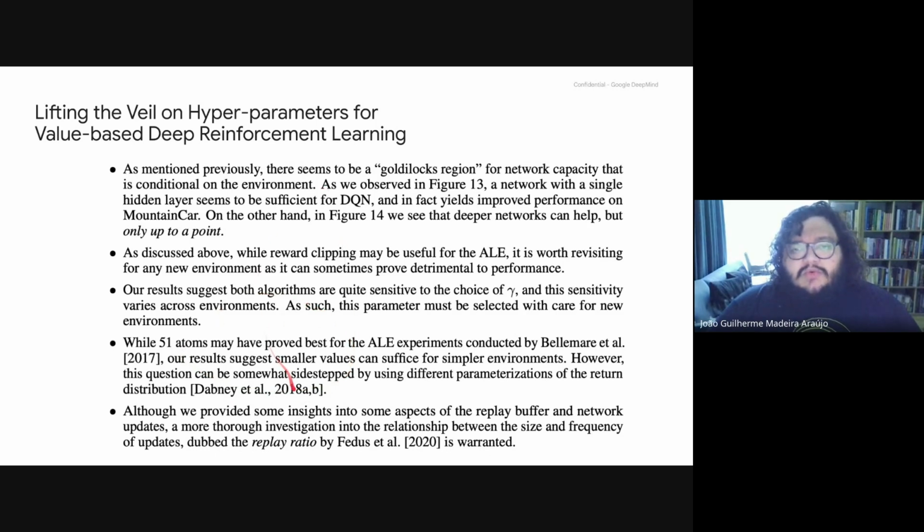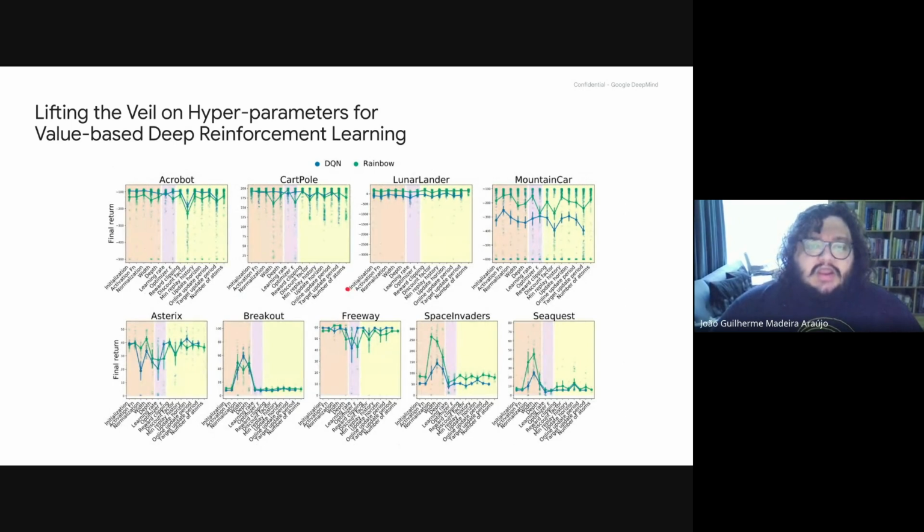And so we got some general high-level conclusions. We plotted the sensitivity, which helped us see that some specific things, like the discount factor or the network width, were extremely important in different environments.